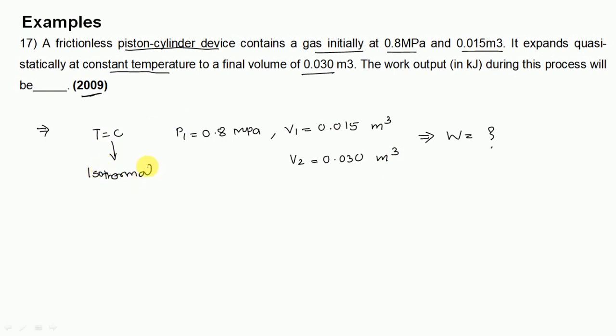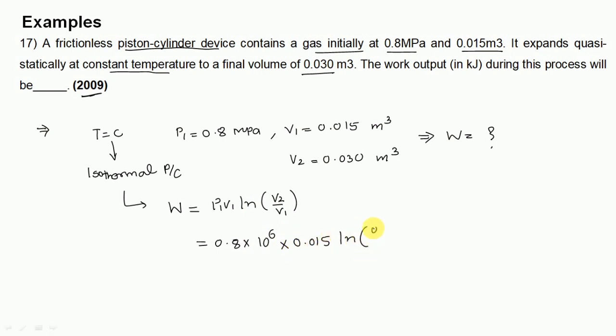And we already discussed that for the isothermal process, the work equation is equal to P1 V1 ln (V2 by V1). Okay, so P1 is 0.8 megapascal, so convert into pascal, so multiply by 10^6. V1 is given 0.015, ln of V2 is 0.03 divided by V1, which is 0.015.